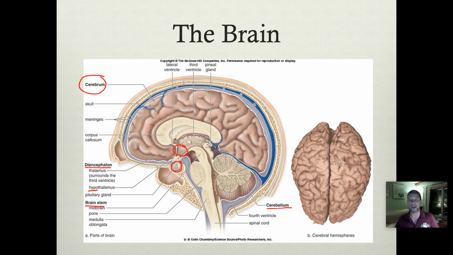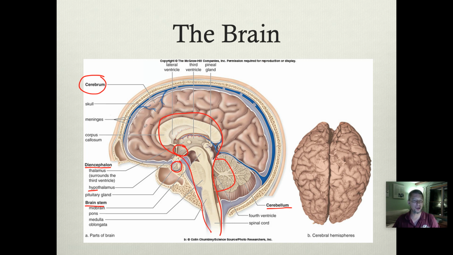It is the biggest portion of the brain, but it's also the most evolutionarily complex portion. Simpler animals like a shark, a shark's brain only really contains this portion, along with a tiny little cerebellum over here. It's a much simpler brain than ours.